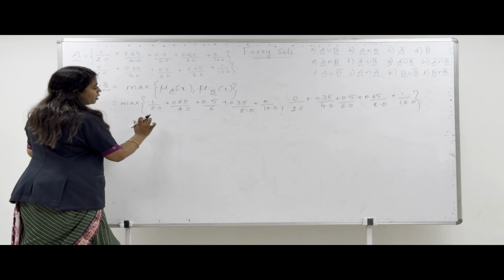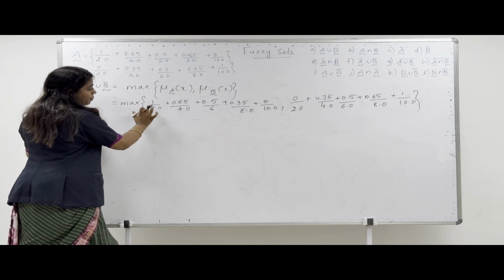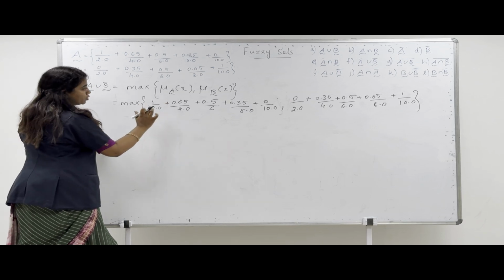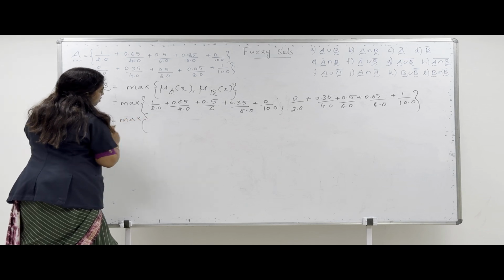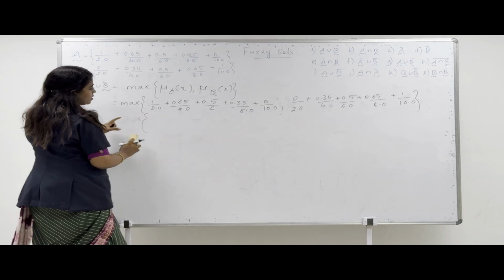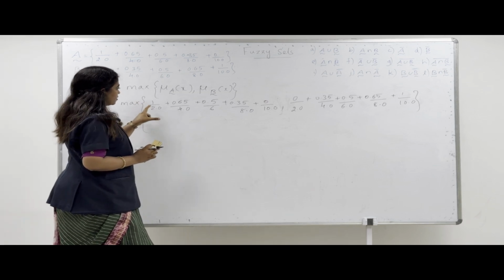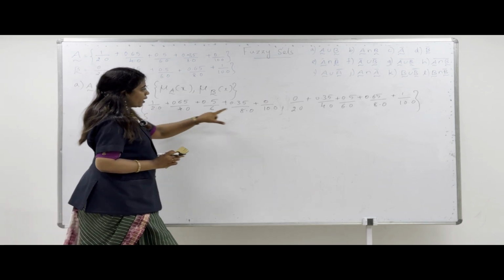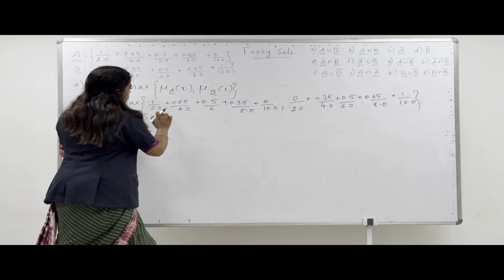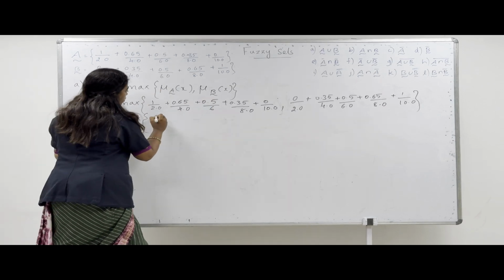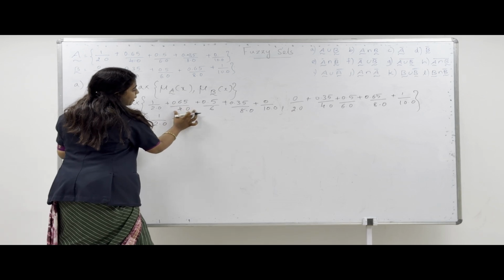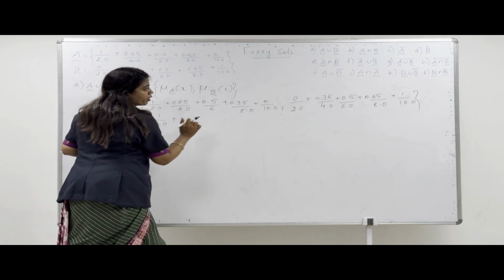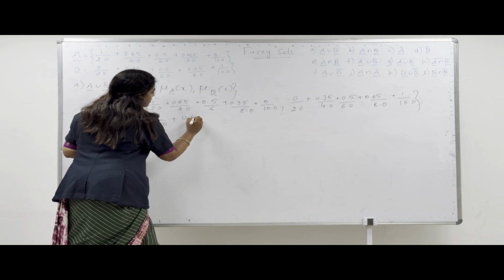Here we have to compare the numerator values among both the sets. We have to find the maximum. First consider the first set, 1 by 2.0 and this value: 1 and 0, what is the maximum value? 1. Then compare the second one, 0.65 and 0.35, which is the maximum? 0.65.